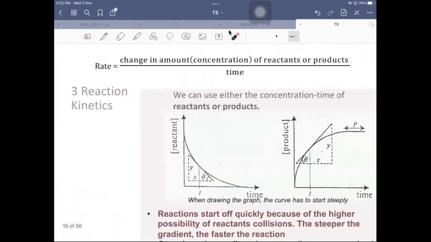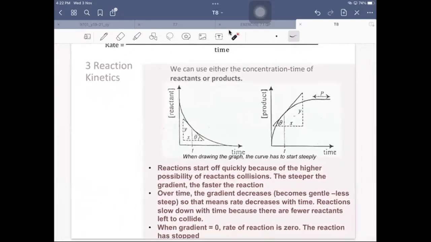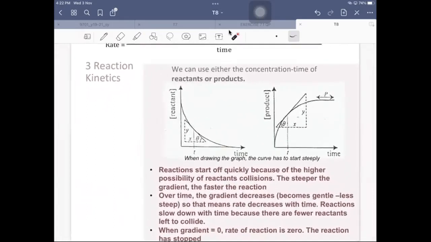Right, so this is a sketch showing you the concentration time graph of reactants on the left. You start with something and then the reaction stops when you no longer have any reactants left. When your reactants are at 0, the reaction stops, or when it is at a flat, constant horizontal line.